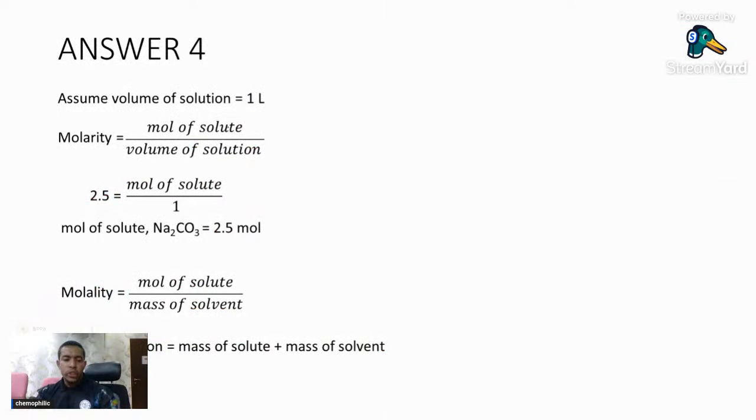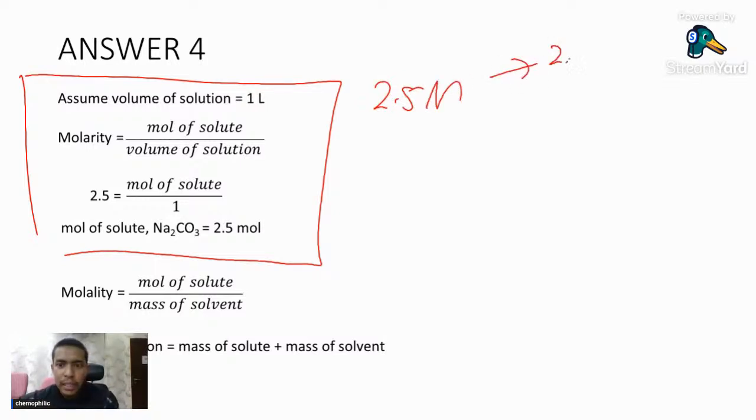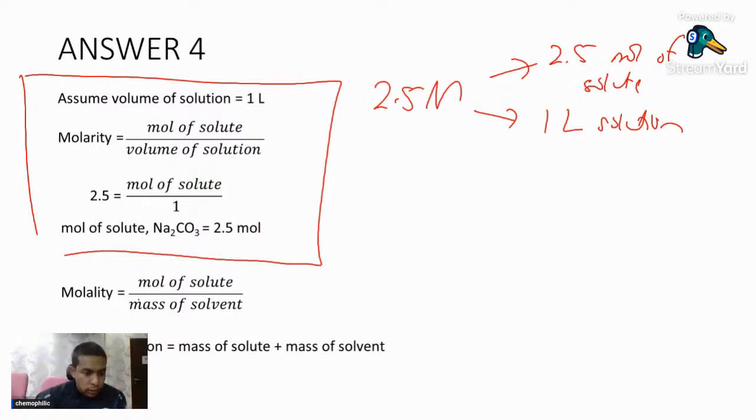Like I told you earlier, assume the volume of solution is 1 liter. This is the same as what I mentioned: 2.5 molar means 2.5 mole of solute in 1 liter of solution. So that's the same assumption. Now the formula for molality: mole of solute divided by mass of solvent in kilogram.